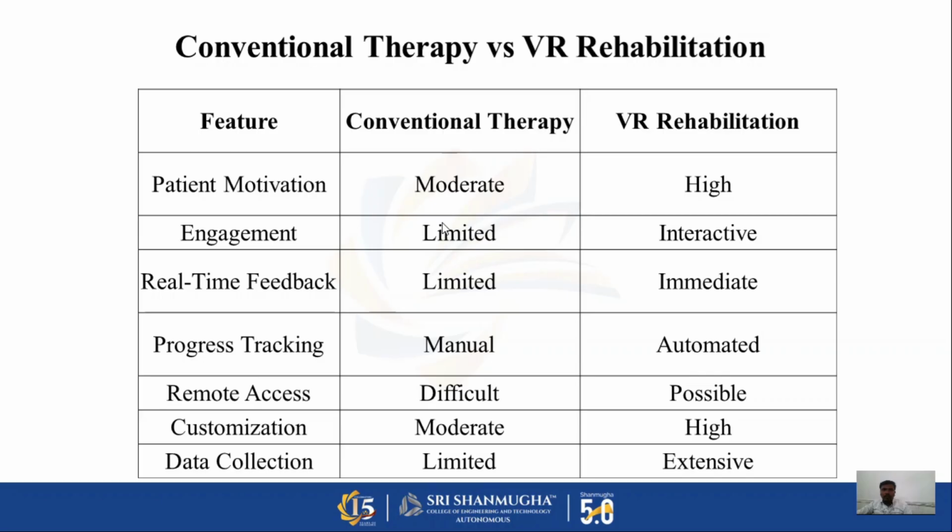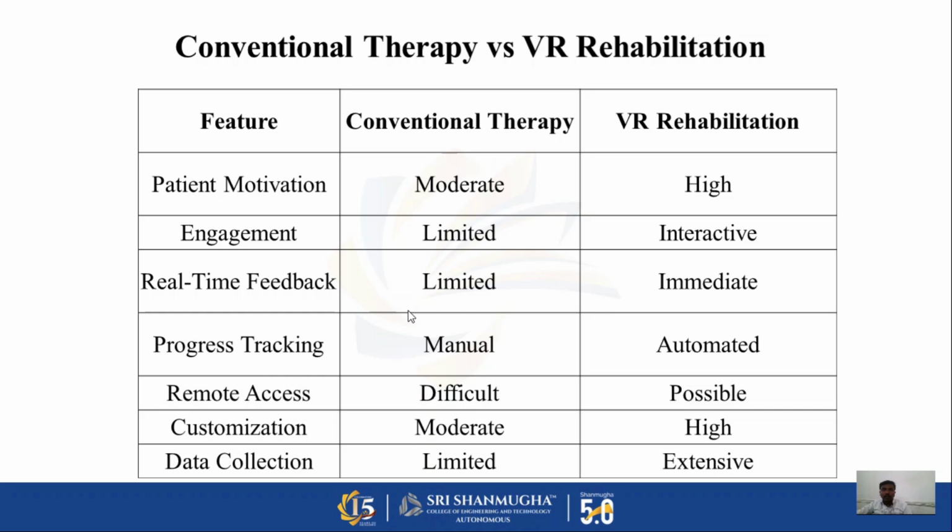Next we are going to discuss the comparison between conventional therapy and VR rehabilitation. Let us compare conventional rehabilitation with VR rehabilitation. In traditional therapy, patient motivation is moderate because exercises are repetitive. VR therapy is highly engaging because it uses interactive environments and gaming concepts.